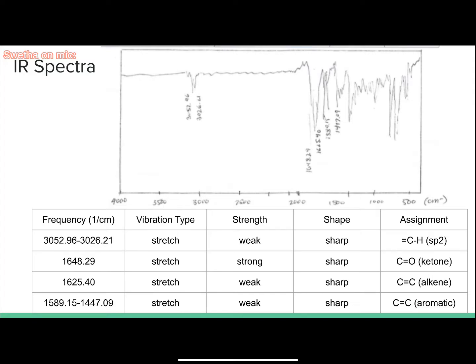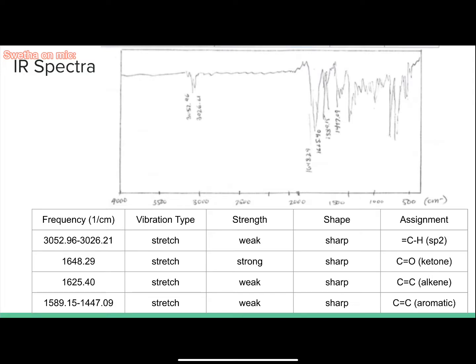The second peak, at around 1648 frequency, indicated a carbonyl ketone functional group stretch of strong strength and sharp shape. The third peak, at around 1625 frequency, indicated a double bond alkene stretch of weak strength and sharp shape.